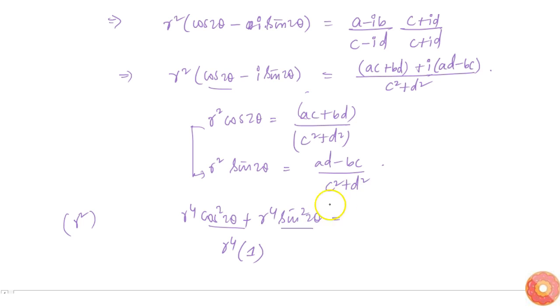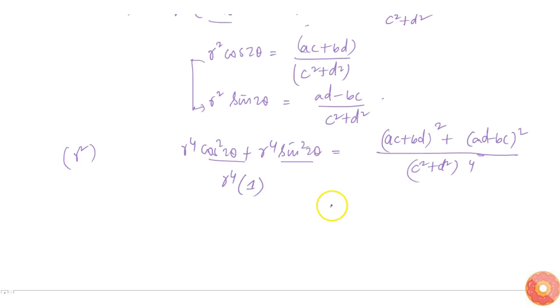So from this I'll get r power 4, and from r power 4 I can get r square, which is our LHS which we are asked. So that will become c square plus d square whole power 4 as usual, and ac plus bd square plus ad minus bc square.